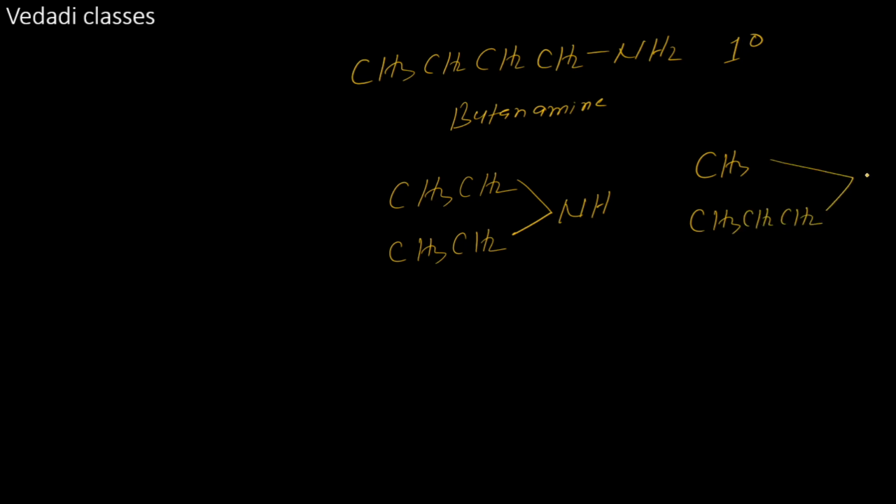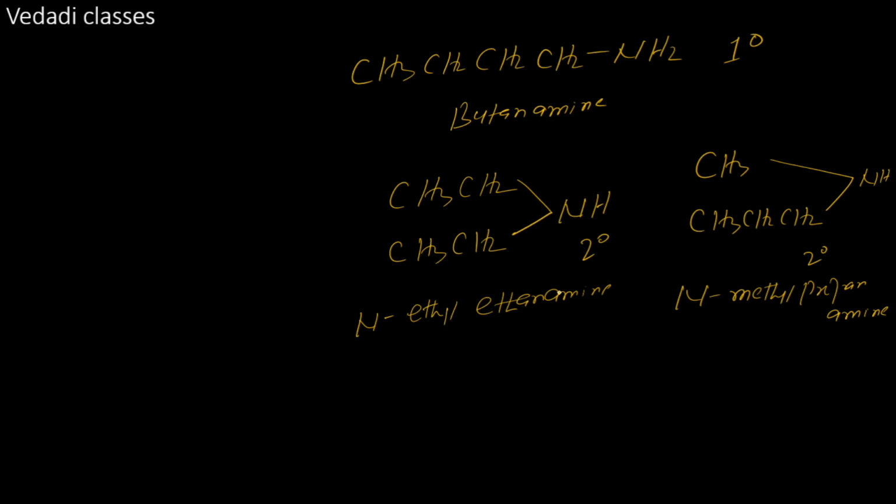Both will be 2 degree amines, but the name is different and the structure is also different. This is known as N-ethylethanamine, and in this case N-methylpropanamine. So both are 2 degree.